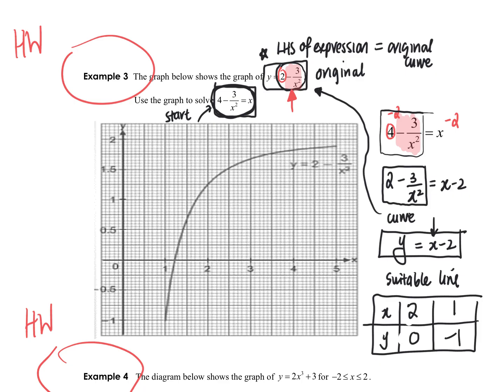So 2, 0 is here. 1 and negative 1 is here. You pick the value from 0 to 5, but when you sub in, your y is out of range. You don't want to use that value because you cannot plot it out. So these are the 2 points that I've selected. So go and join them together.